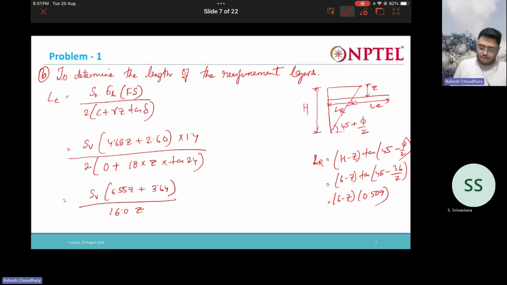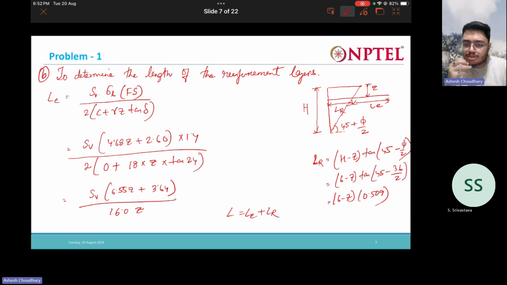Okay, 16z. So what is the total length? Total length is LE plus LR. LR comes from the geometry, and our LE comes from the pull-out criteria, right? Understood?